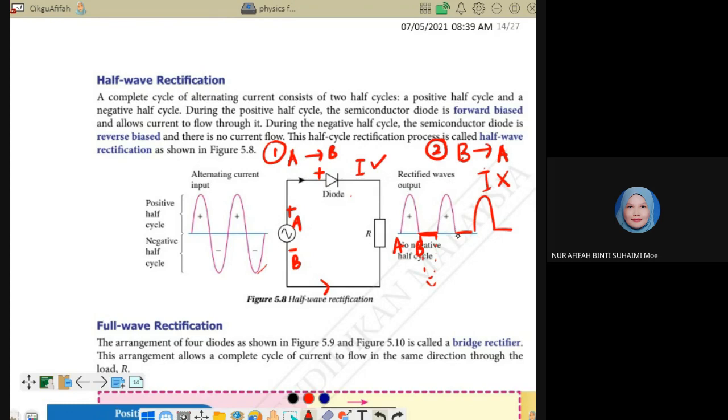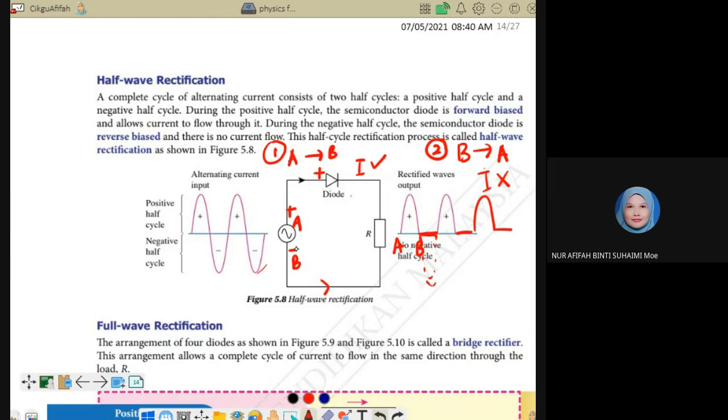Kenapa graf dekat CRO jadi macam ni? Okay, sebab kita guna satu diode. So if the current moves from A to B, let's say from positive to negative, there is current flow, there is a graph appearing, positive.